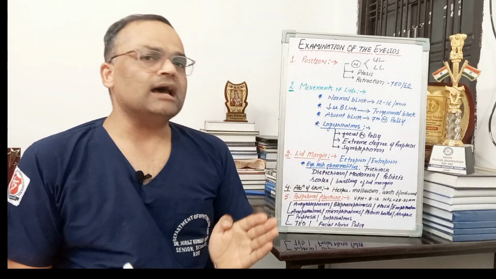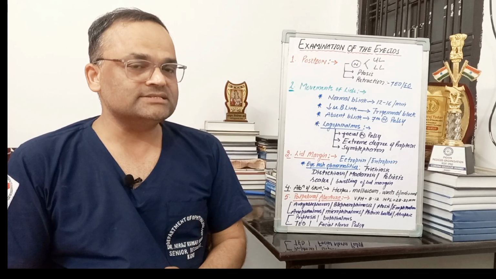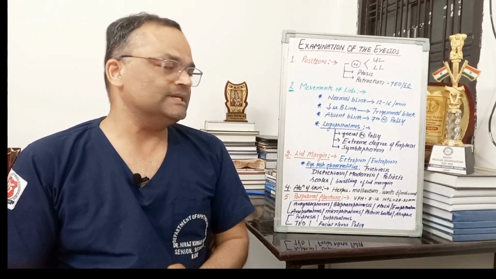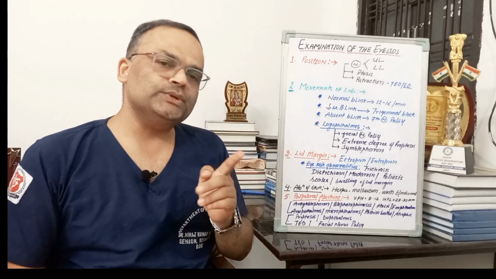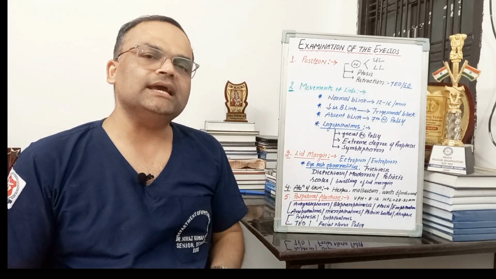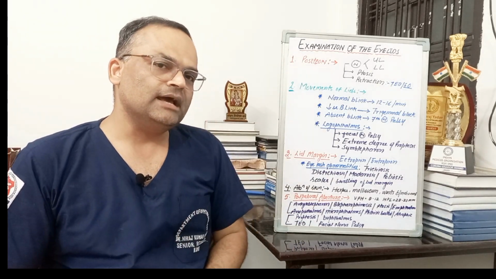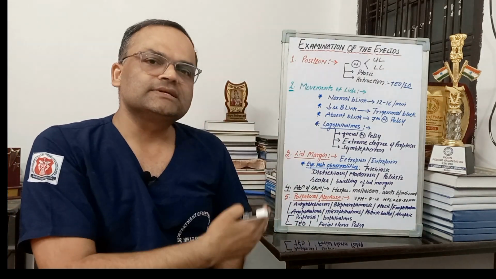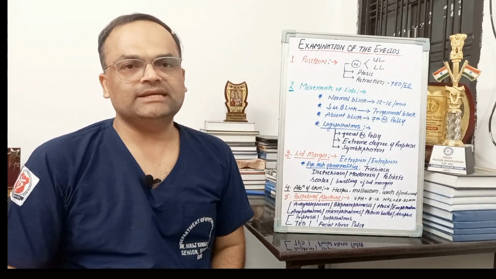So these are the important points in the eyelid examination which must be kept in mind to examine a case where an eyelid abnormality or pathology is detected, and these points can be asked in examination.